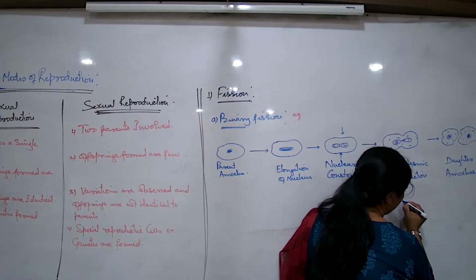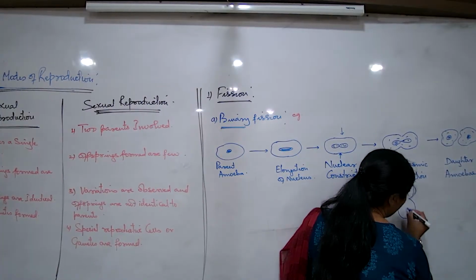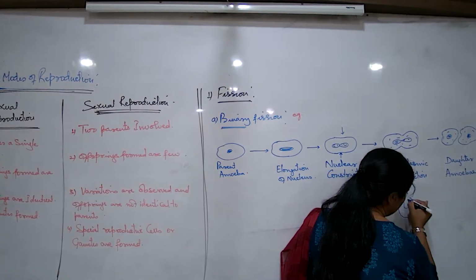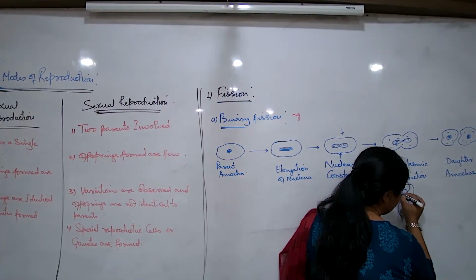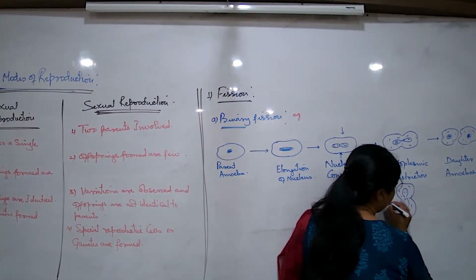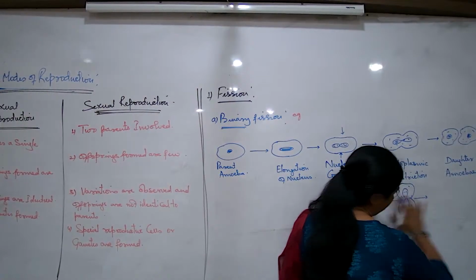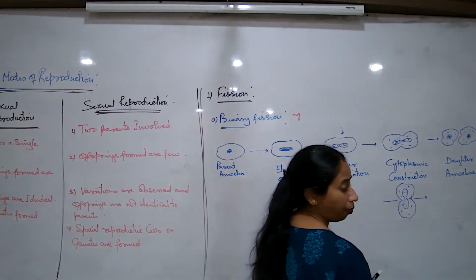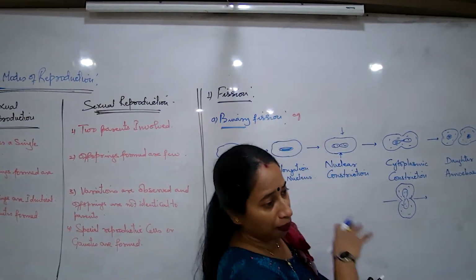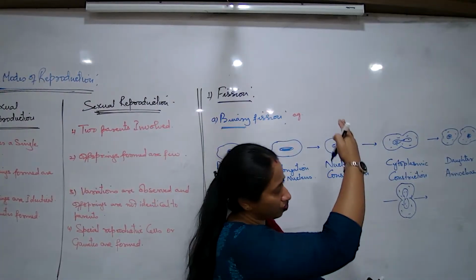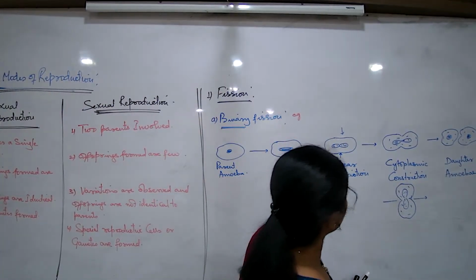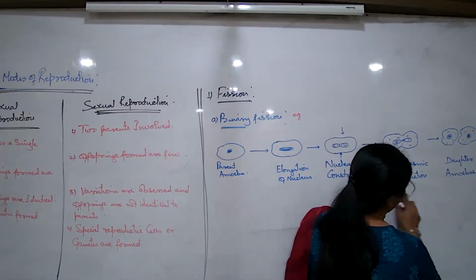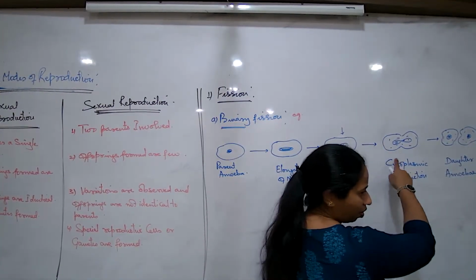If I draw the diagram this way, we understand that the nuclear division has happened horizontally. In certain cases, fission happens horizontally. In certain cases, fission happens vertically. So amoeba, we can draw the diagram this way also, not a problem.